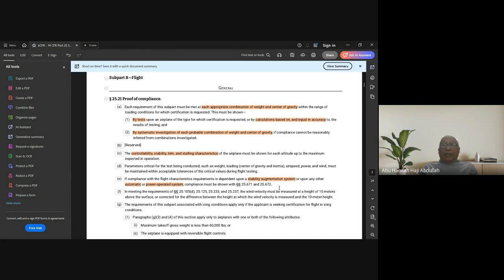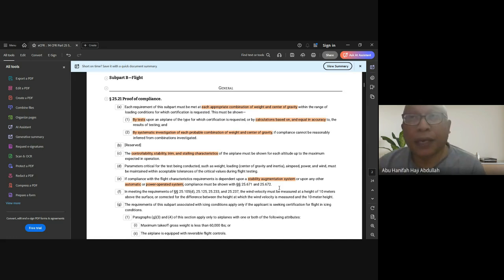You may have MCAS, like the 737 Max using MCAS. That could be a stability augmentation system. You may consider automatic, you may consider power operated. I will consider it more as a stability augmentation system, because as the aircraft nose tries to dive, the system will bring the nose up. So that is how MCAS works, I think.